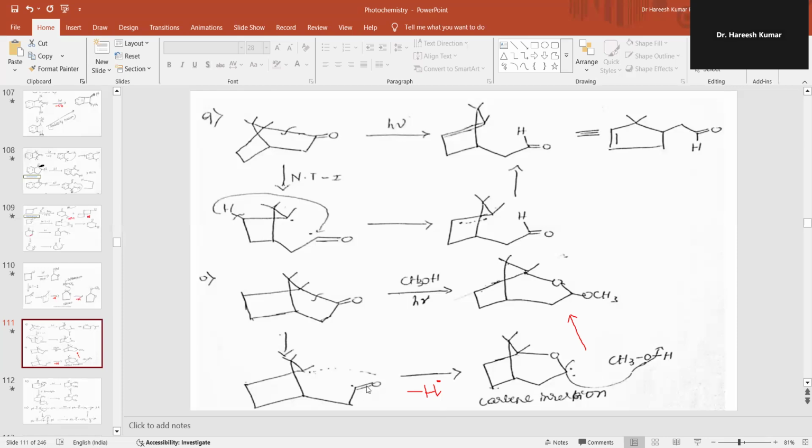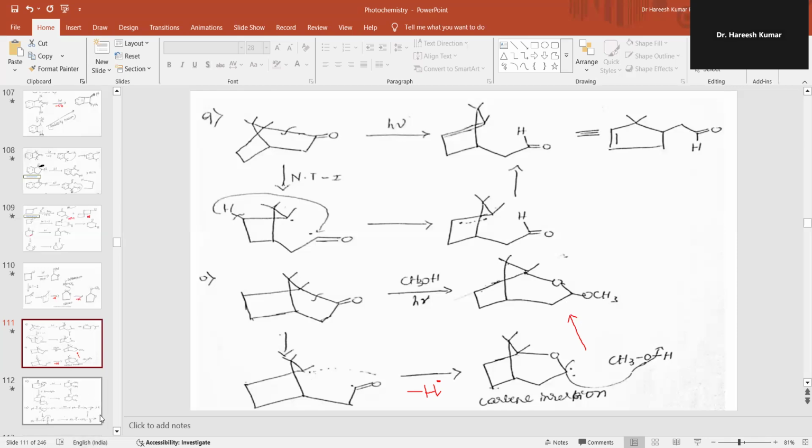Because of the homolytic cleavage of the carbon-oxygen bond. Here two radicals are formed, and the radical formed on the oxygen reacts with the alkyl radical. And this hydrogen radical loss you don't consider. So that is how the carbene is formed. This carbene reacts with the alcohol, forming an ether product.